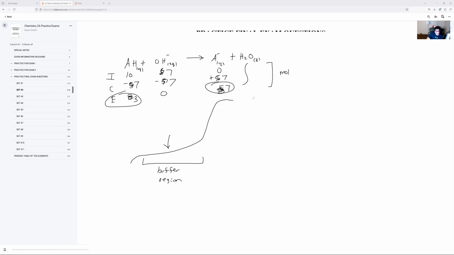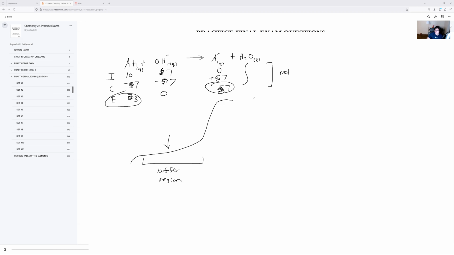It was polyprotic. So it's H2PO4, and they add OH for the X. Multiple solutions, and they give you the Ka and pKa.